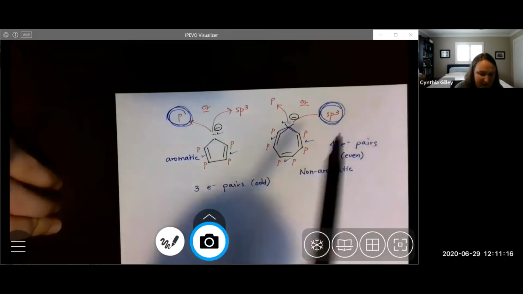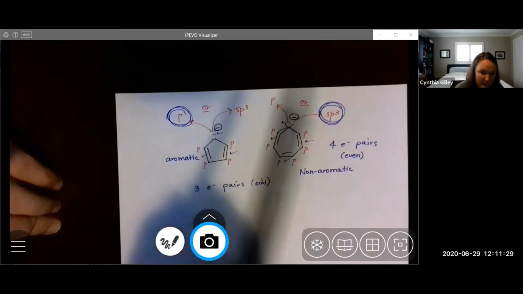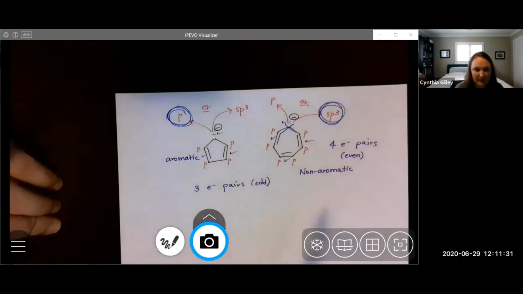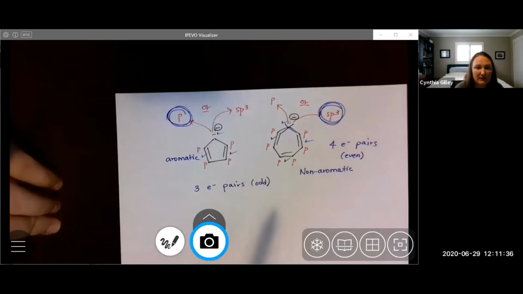If it would make an even number of electron pairs, it will not go into a p orbital. Because if it did and it overlapped with the other ones, it would be anti-aromatic, which is extremely unstable. So instead, it's going to say, forget it, I'm not going to go into it. I'll go into a hybridized orbital. And overall, the molecule is much more stable that way.